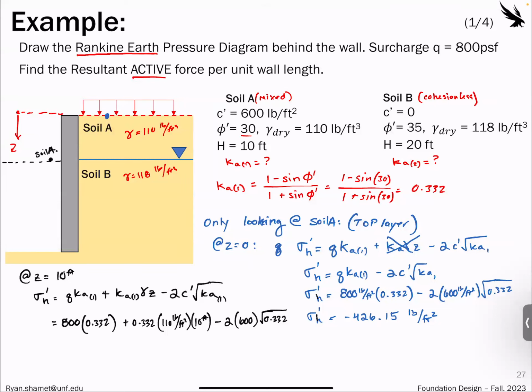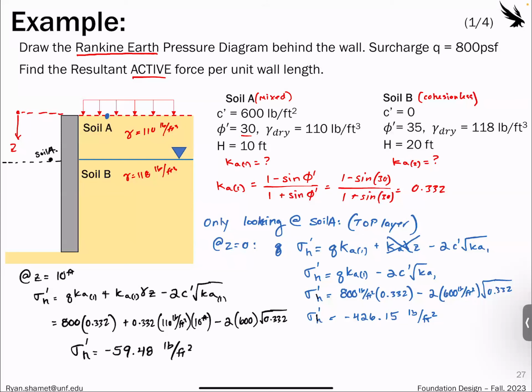So this is at Z of 10 feet. And then if we do that out, it's equal to negative 54 or something. Or 59, 48, right. Yeah, pounds per square foot. So this is Z equals 10 feet.